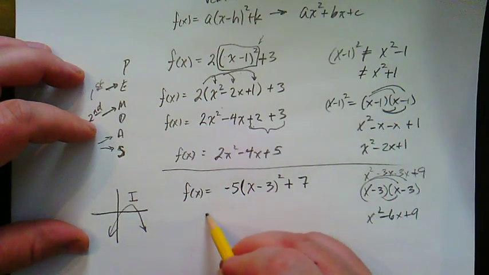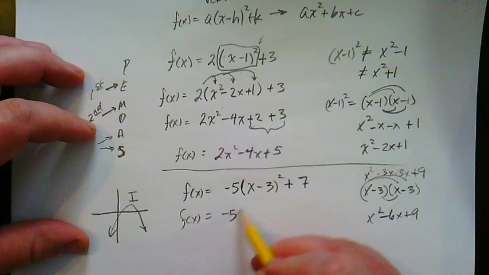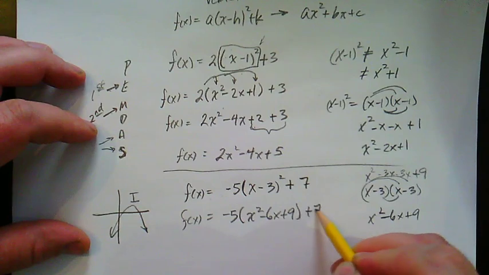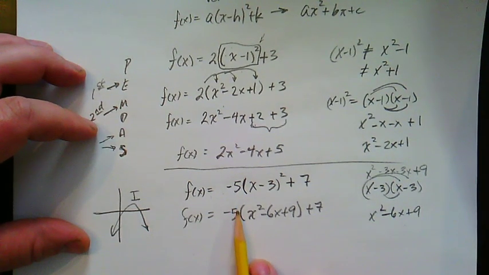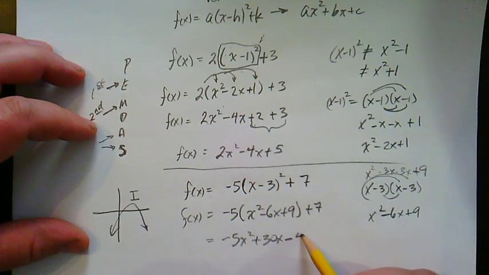So this is going to be negative 5 times x squared minus 6x plus 9, plus 7. So we squared it, but this is still being multiplied by negative 5, so we still need to keep the parentheses. So now we're going to distribute: negative 5x squared plus 30x minus 45 plus 7.